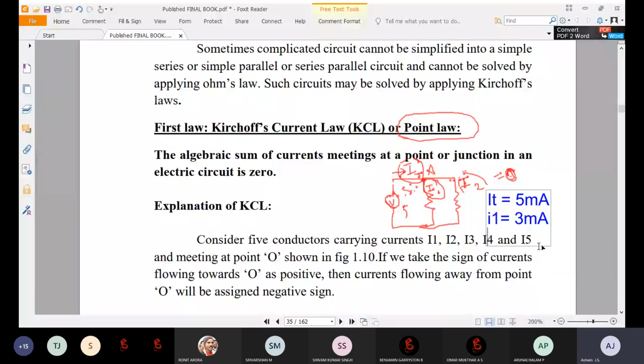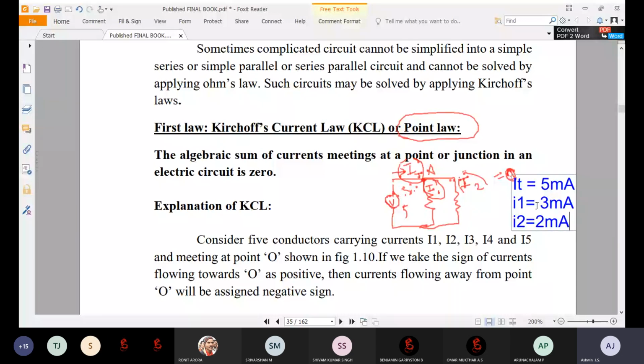How much will I2 be? It will be 2 milliamps, right? The remaining current will flow through I2, so this is 2 milliamps.